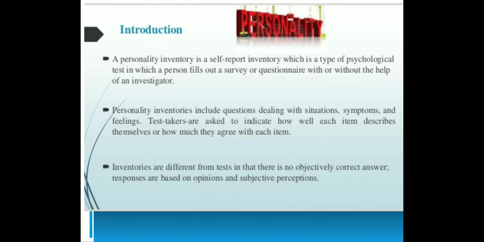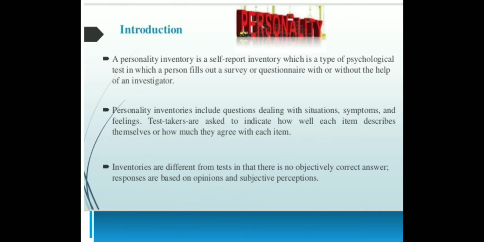It can be like that also, it can be true false also. So every inventory is different and they have to reveal something about themselves. That is why they are known as self report. Inventories are different from tests in that there is no objectively correct answer. Responses are based on opinions and subjective perceptions.